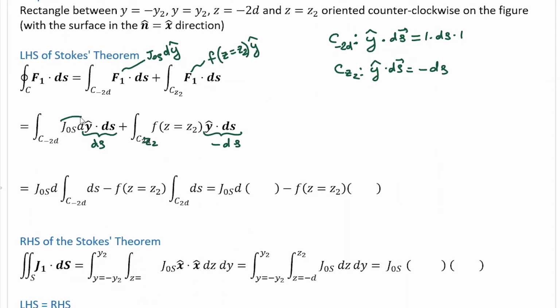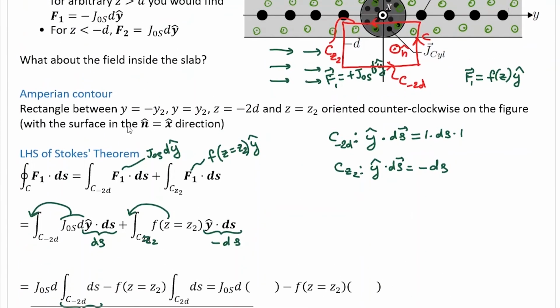Then I took this part out of the integral, and I'm left with this. This also goes out of the integral. That's what I got here. For this part, we have the length of the contour, which is equal to, again, 2y2, because remember, we're making our rectangle between some value y2 and negative y2.